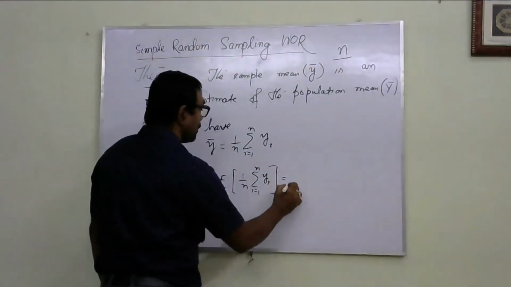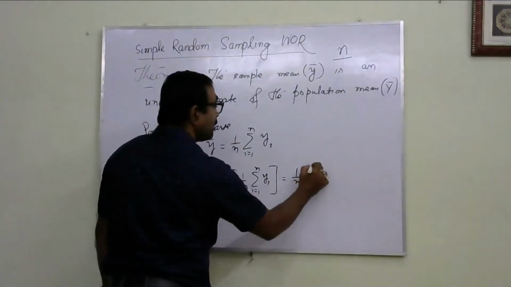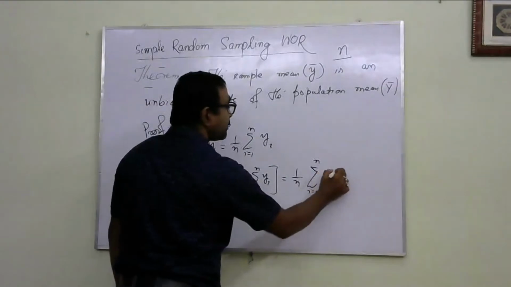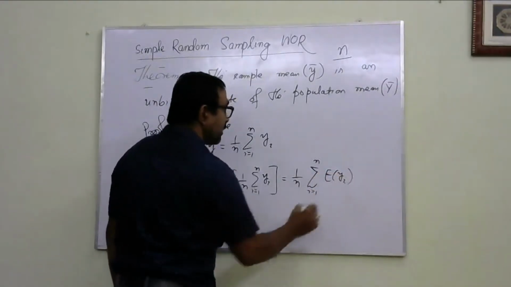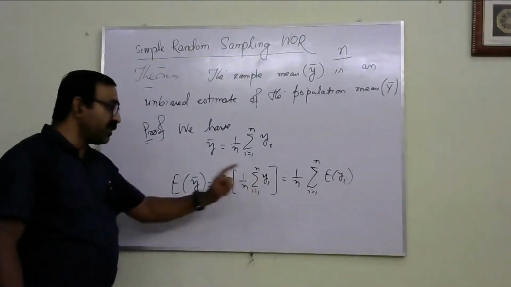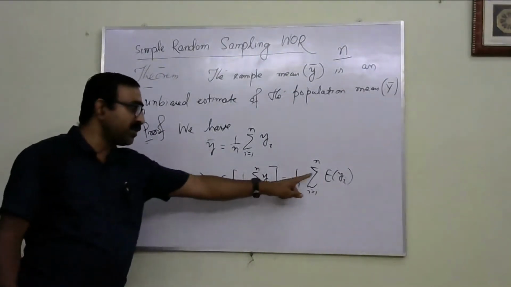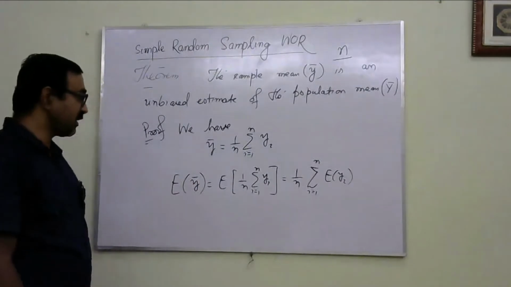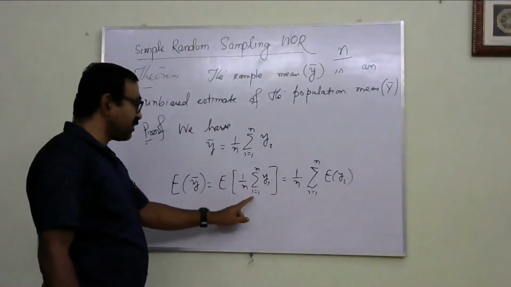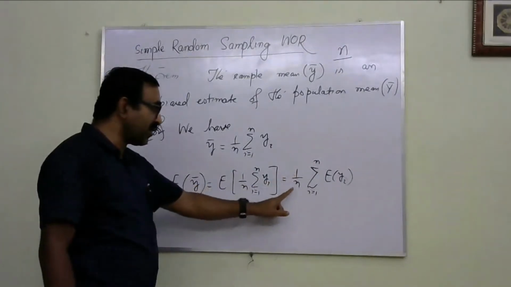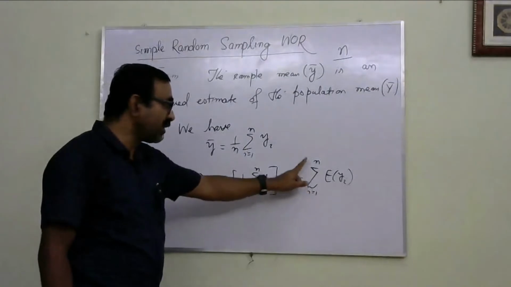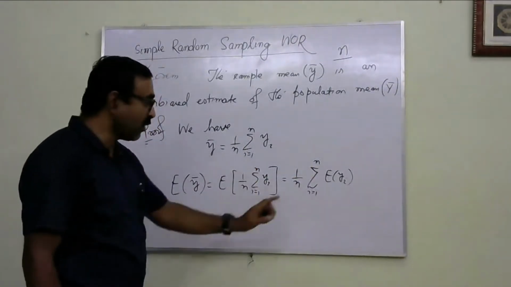Now this is equal to 1 by n summation i equal to 1 to n expectation of yi, because the expectation of the sum of random variables is equal to the sum of their expected values. So taking the expectation out of the summation, this is 1 by n summation i equal to 1 to n expectation of yi.